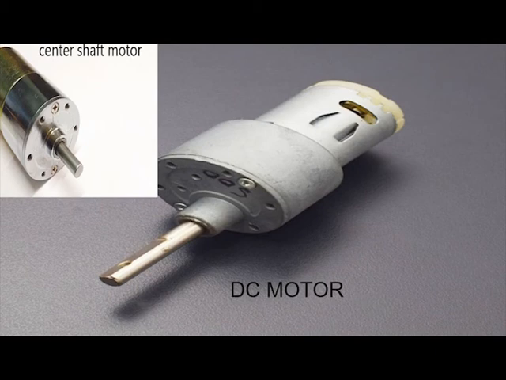In side shaft motors, as shown on the right hand side, the shaft is shifted to one of the sides so as to generate more torque and ground clearance. This motor is commonly preferred in heavy duty cars where the movement is over rugged terrain.